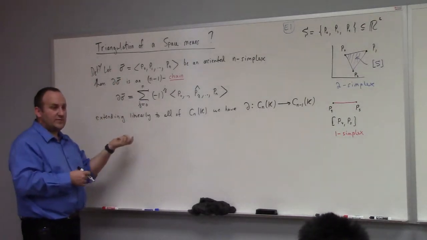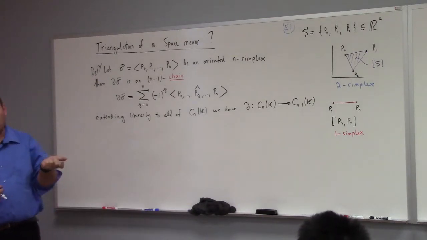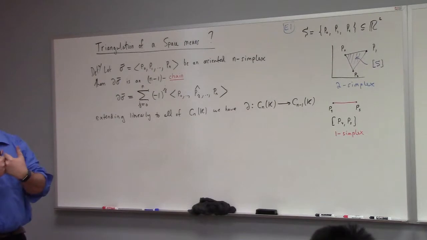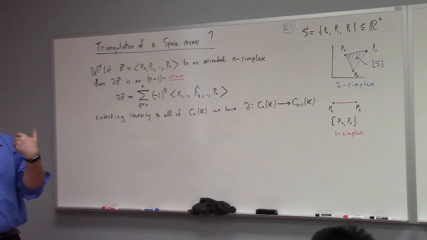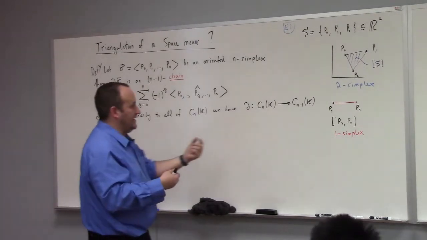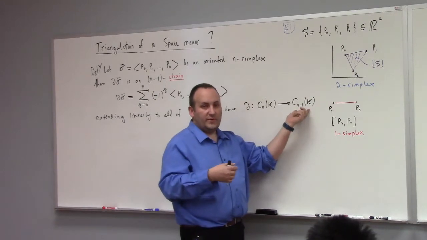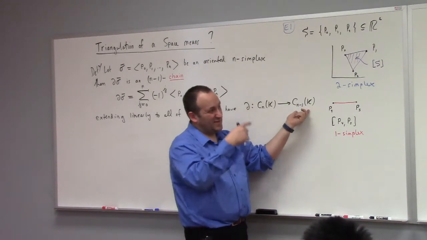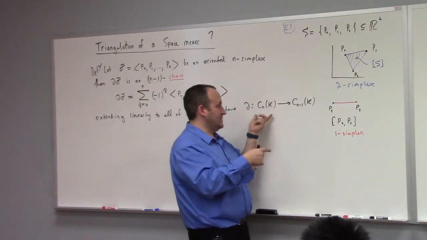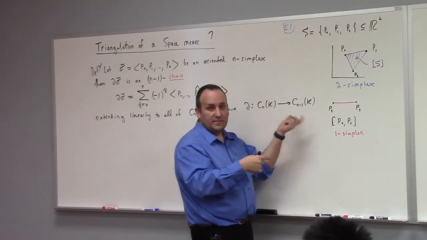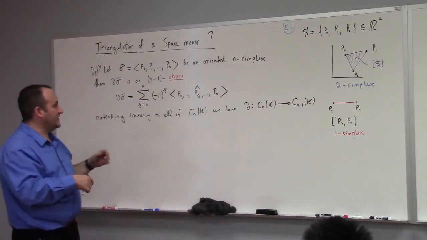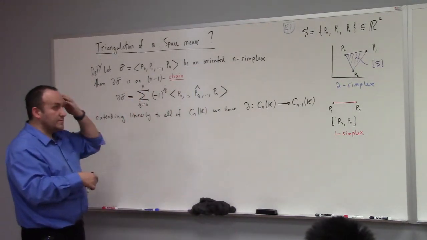Each one of those terms is a simplex in K, whose faces must also be in K. So everything here is built from a linear combination of things that are in the simplicial complex by construction. So this is a well-defined mapping. It's linear because we've defined it on a basis, actually.